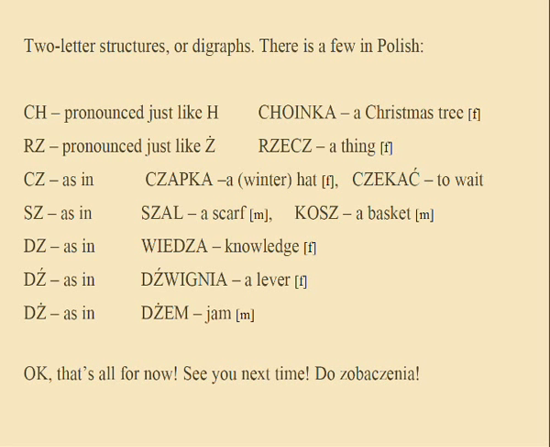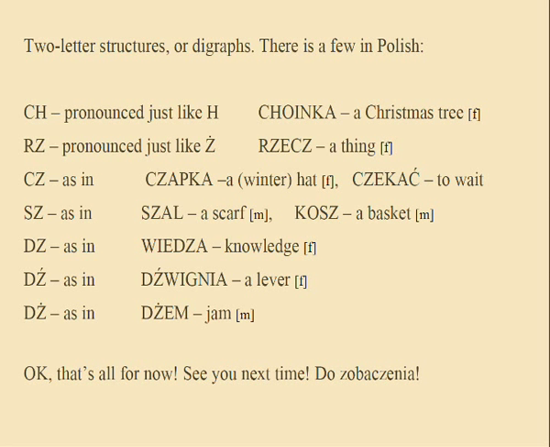An example word given, choinka, means a Christmas tree. RZ, which is pronounced just like Ż, Z with the dot. Example word, rzecz, means a thing.